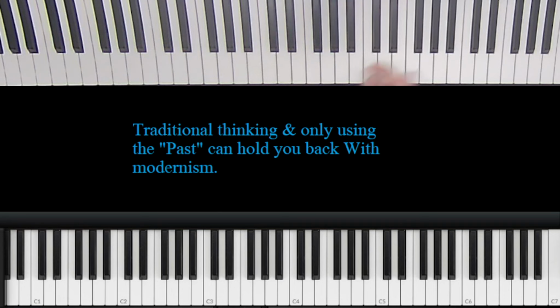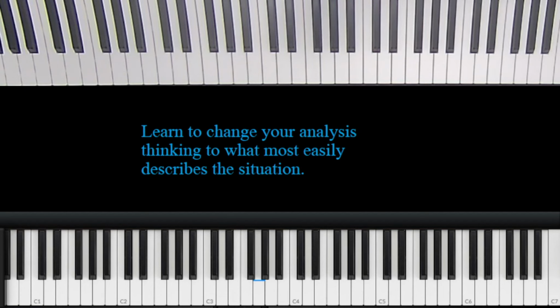And traditional functional harmony doesn't prepare you for that, because I'm using C Dorian as my source material there. Not any form of C harmonic minor where it's going to give you that raised third 5 that pulls you straight towards your tonic. The Dorian will not do that, and you will find that lacking in functional harmony if that's all you know, and you may fail to understand modal things like that. So learn to change your analysis thinking to what most easily describes the situation.